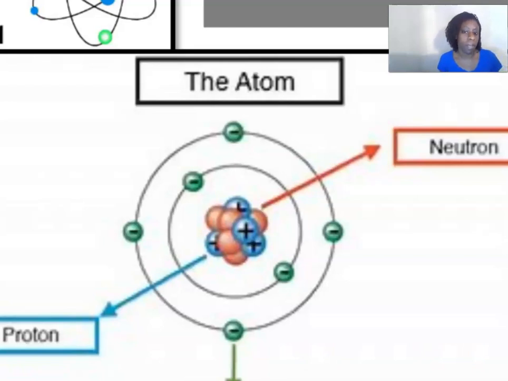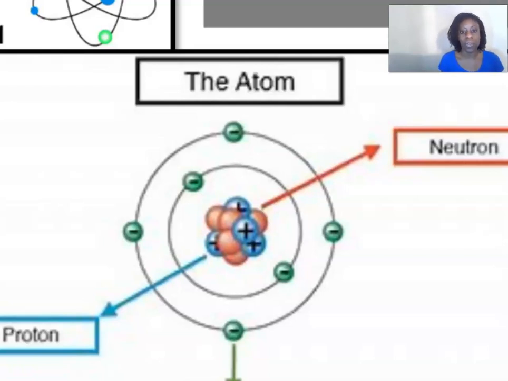That may make you ask the question, what keeps the electrons from just wandering off and flying away from the atom if there's no real border keeping them closed in? Well, it has to do with the charges. Remember we just said that protons have a positive charge and electrons have a negative charge. Whenever we're talking about charges, opposites always attract.